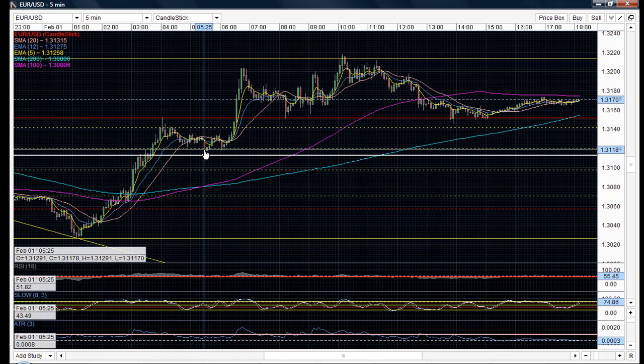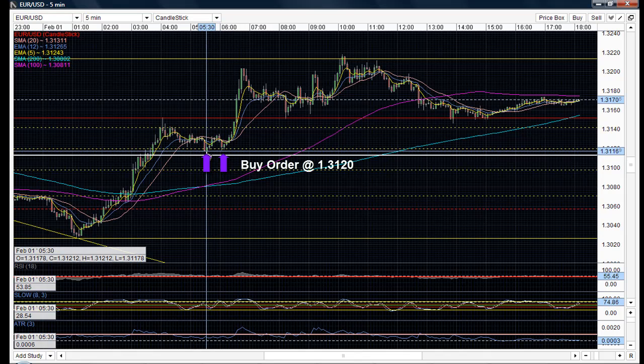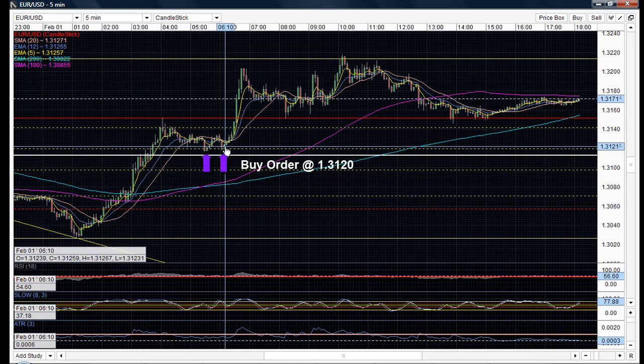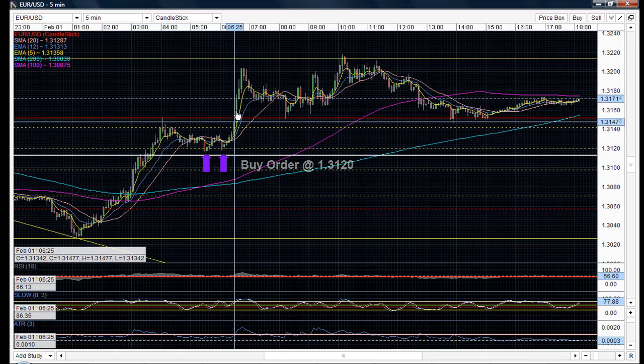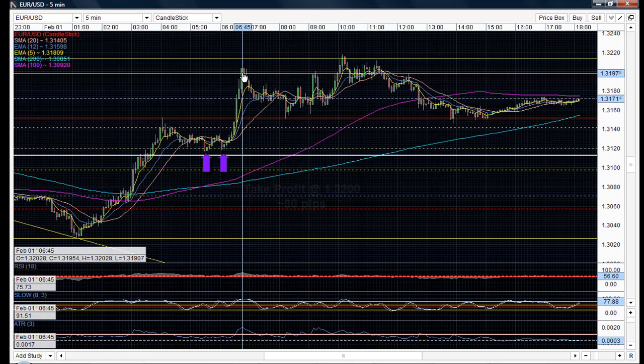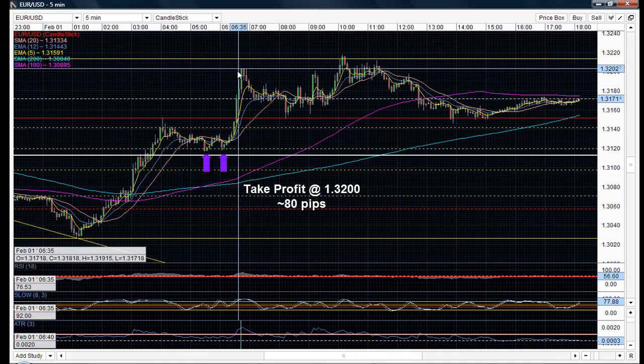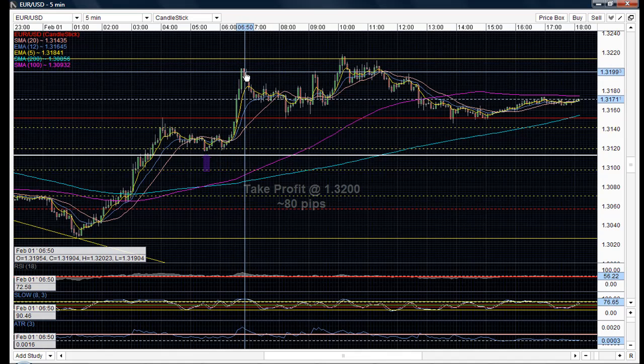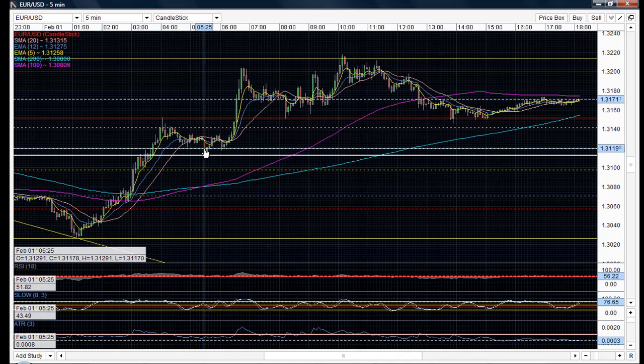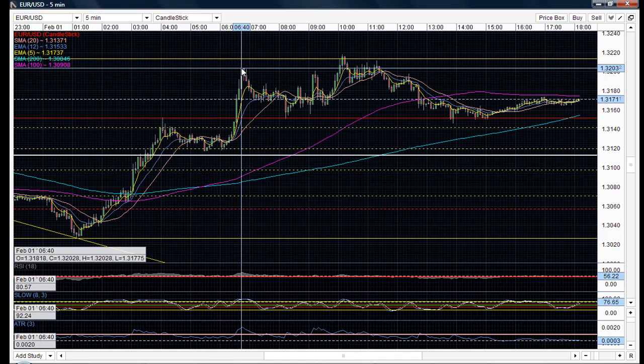So if you were in front of your monitor around this time, around 5:25 or even around 6 o'clock in the morning, you could have actually entered a buy order at these two entries or at this level upon bullish confirmation, and you could have taken your profit at the psychological resistance at 32.00, this psychological level up here at 32.00 for about an 80 pip trade. So then that was one trade entry you could have entered.